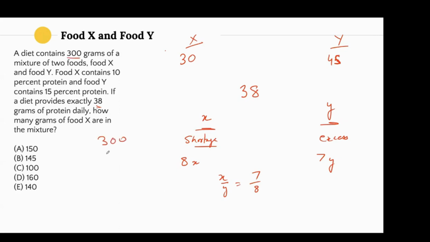This 300 will be split into 7 parts and 8 parts. So how much is that? 300 upon 15 times 7. So that's 140 and 160. The question's asking for how many grams of X are in the mixture. This one is X. So 140 becomes the answer. Abhinav, make sense?